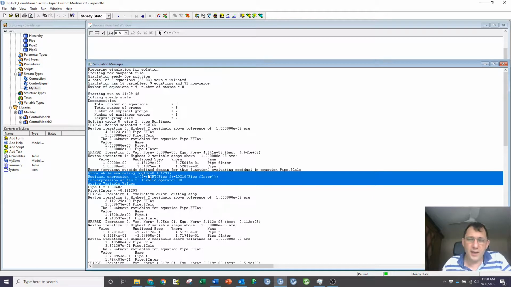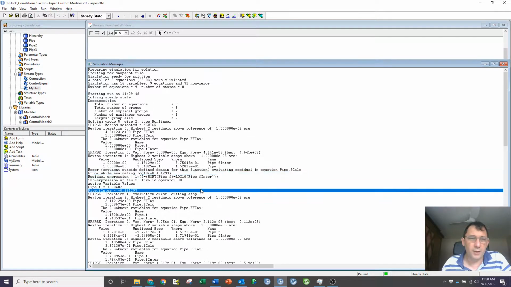ACM has, I think, fixed in one of their releases in the last few years, so that taking the log or the square root of a negative number doesn't cause ACM to fail to converge. It muddles through, but it does throw a wrench into the works, and so you want to try and avoid that if you can.